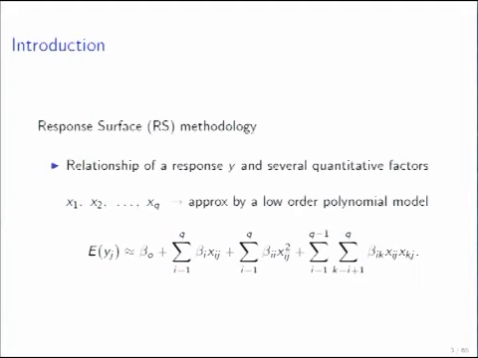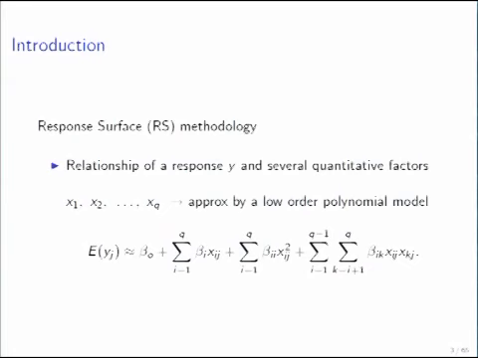So, response surface: the objective is usually to study the relationship between a response variable and several quantitative factors. Usually this relationship is approximated by a low order second order model.